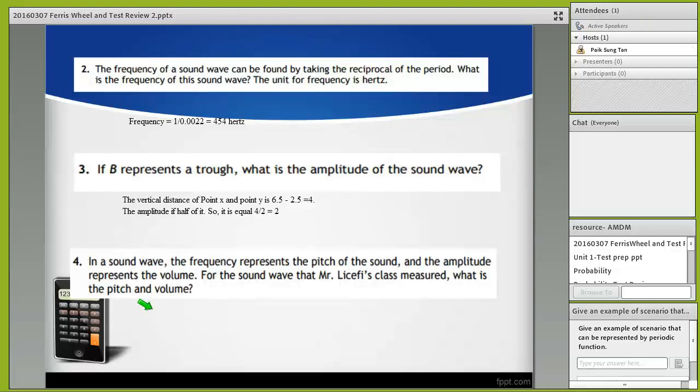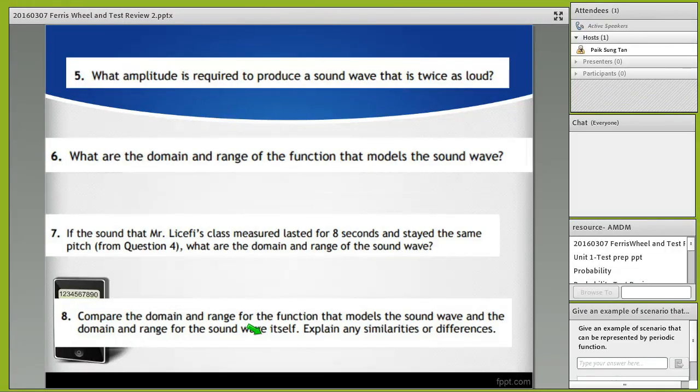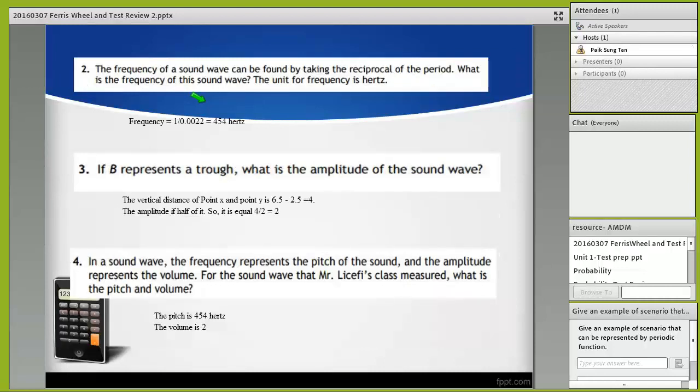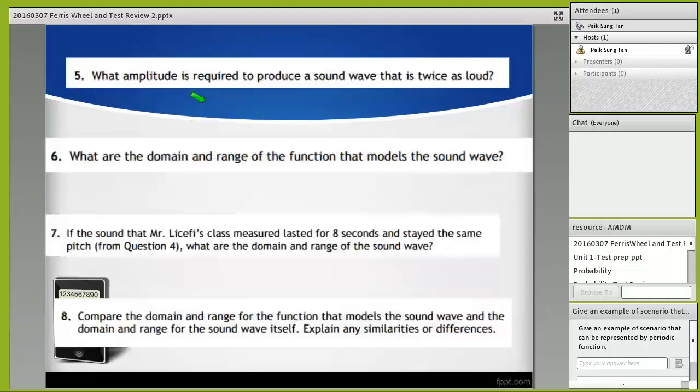The volume is 2 pressure, or volume 2. What is the amplitude required to produce a sound wave that is twice as loud? The original amplitude was 2, so to have it twice as loud would be 4. Okay?